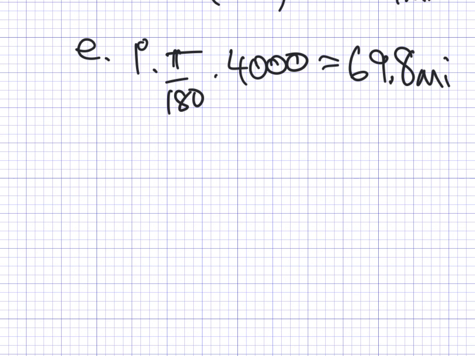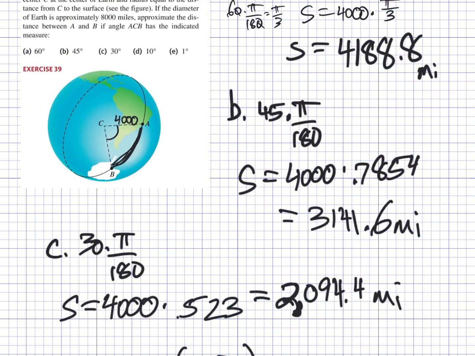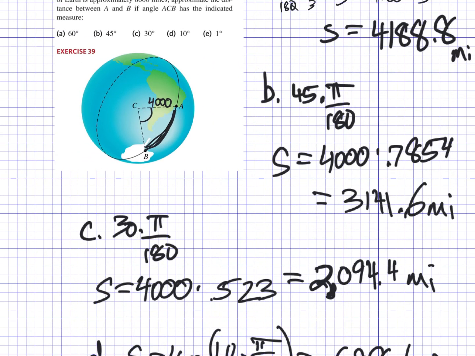All right, so 70 miles is 1 degree. It's probably a little bit less than that. And you have 180 of those to go halfway around the globe. If you take that number times 180, to go halfway around the globe, that's 12,566 miles. All right. So there are all your answers.